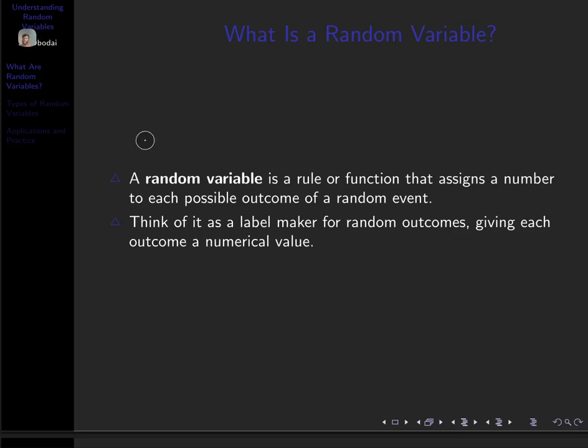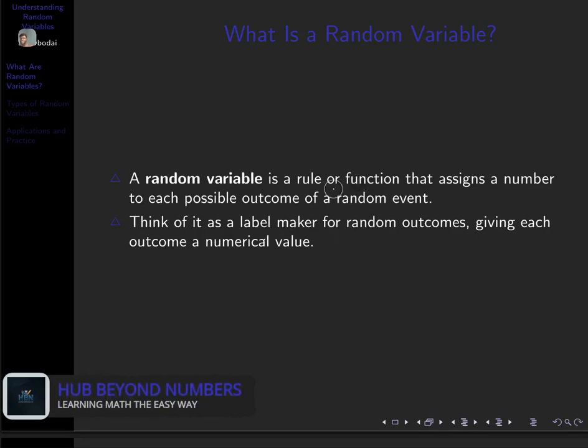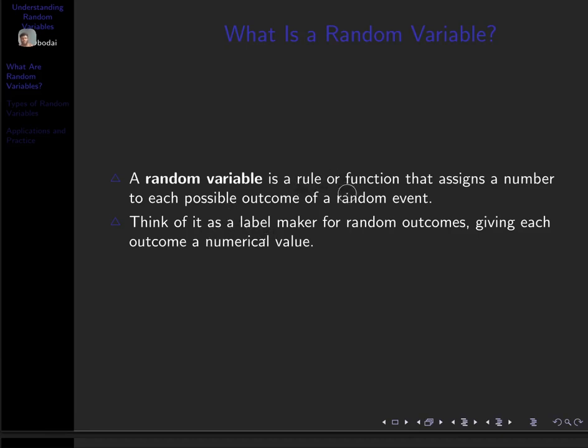We can have a head and a tail, but we don't want to specify them with heads and tails. We want to use numbers to represent them. We want to assign numbers to each possible outcome, and then they are variables that change. Hence, they are random variables. So a random variable is simply a rule or function that assigns numbers to each possible outcome.